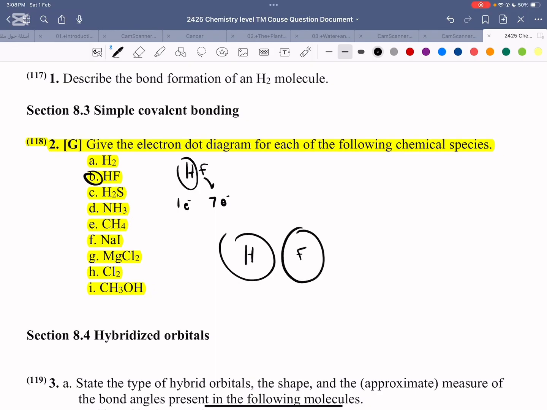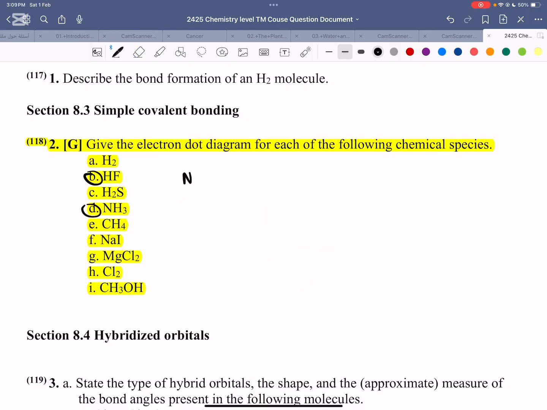For hydrogen it's going to be a circle, while for fluorine I'm going to put X. Since we have 7 valence electrons, first we're going to fill them all up: 1, 2, 3, 4, 5, 6, 7. And then you can see they share a pair of electrons in order to form HF. And that's it.